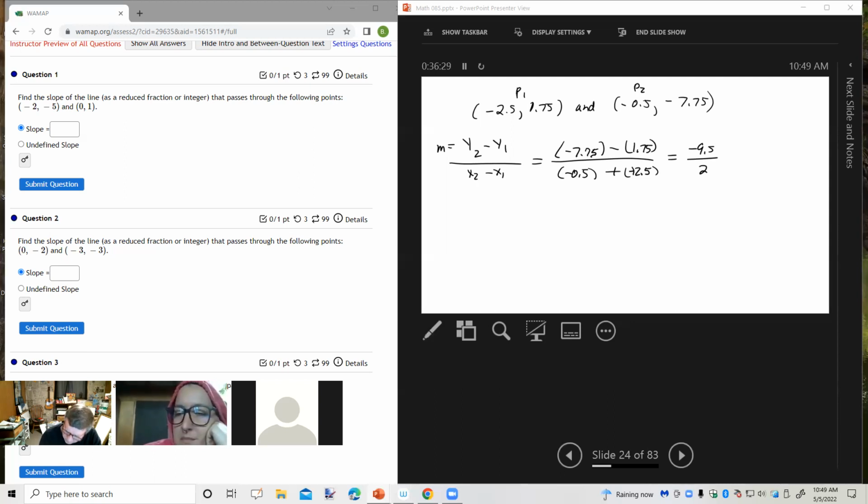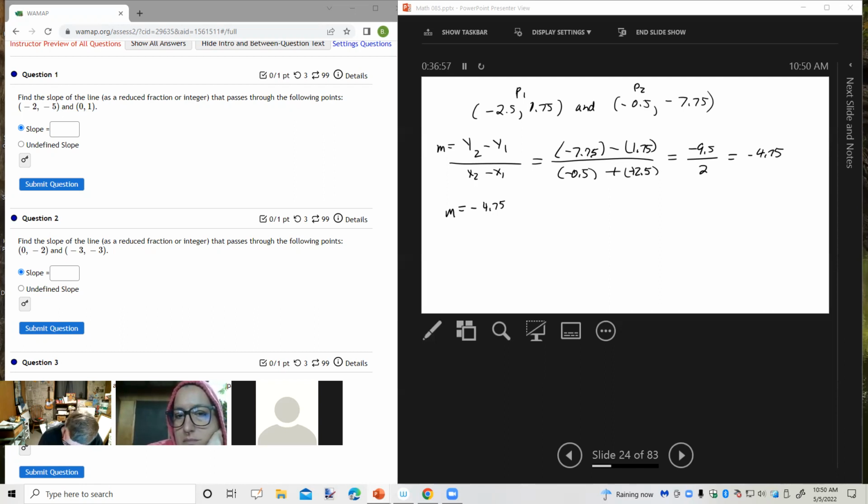Okay, so a couple of things I could do. One, I could take -9.5 divided by 2, and I get -4.75. And I could say that the slope is -4.75. That would be useful, but not if we were going to use this to graph. It would be easier to have it as an improper fraction or a proper fraction if we were going to graph it.